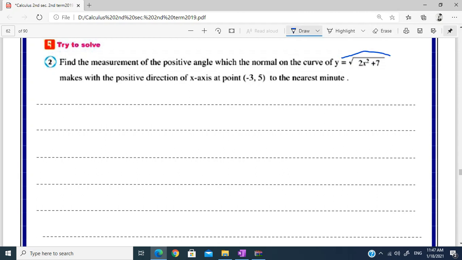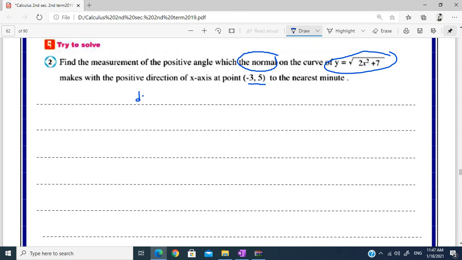So we have the function and we must find the angle which the normal makes with the positive direction of the x-axis at the indicated point (negative 3, 5).